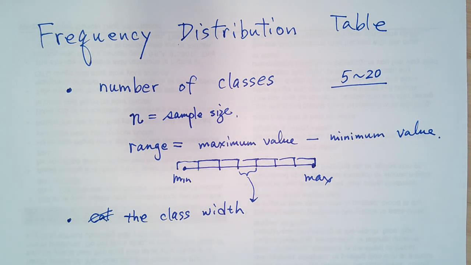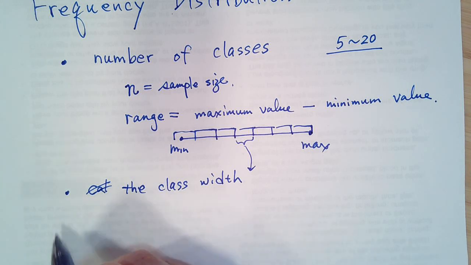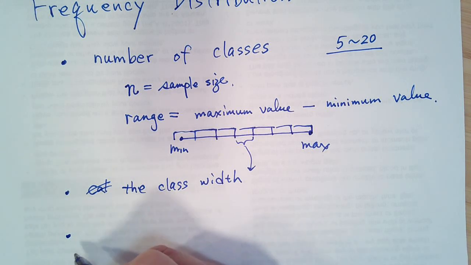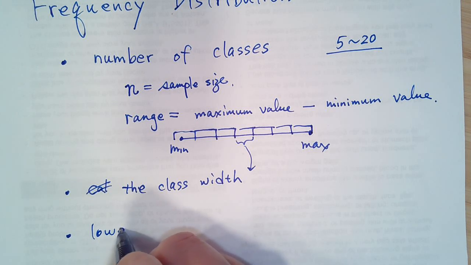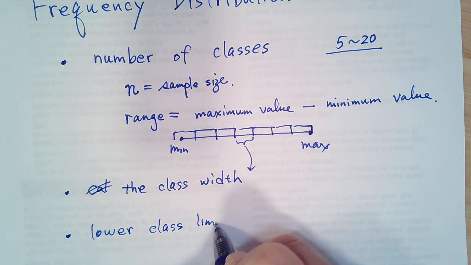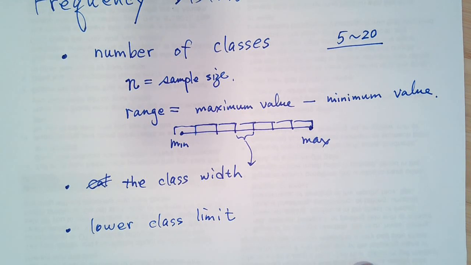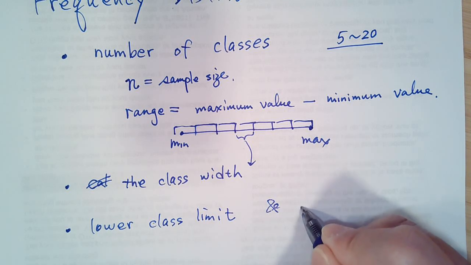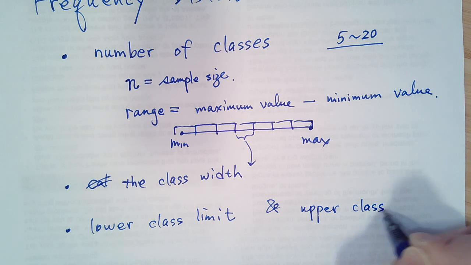So we're going to find the class width, and then we're going to choose what we call the lower class limit, and then we're going to get the upper class limit.